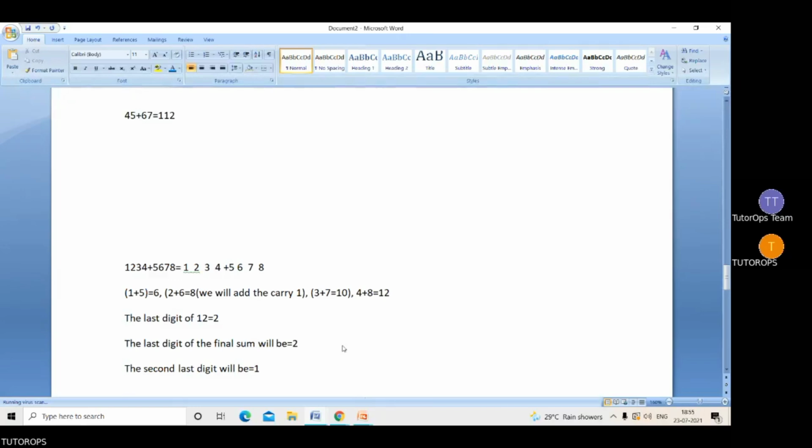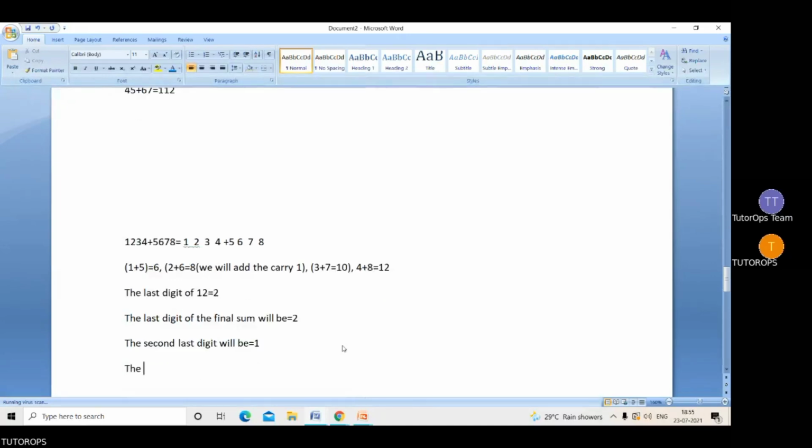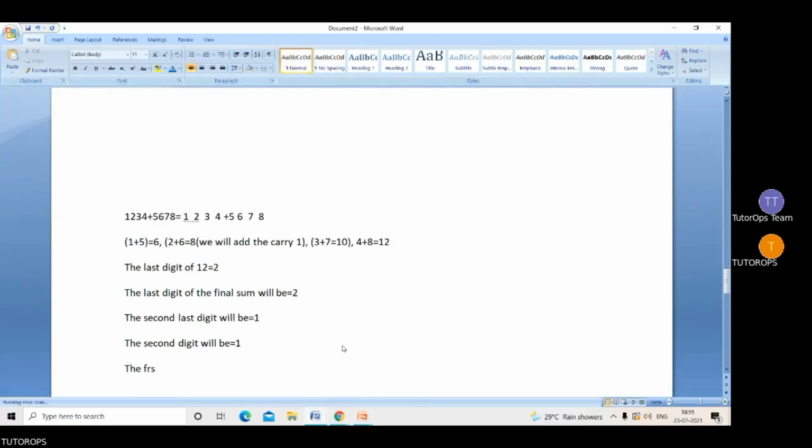And next there was 8. 8 will be added to the carry 1, that will be 9. So the second digit will be 1. And then there is no carry, so the first digit will be 6.